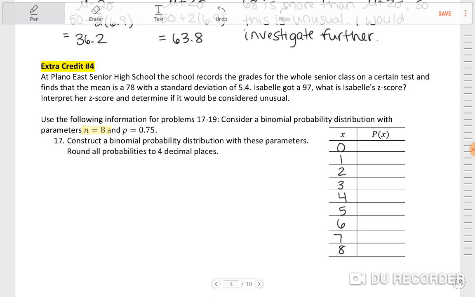My p is 0.75. So I showed you a little shortcut for doing all the probabilities over here, so that you don't have to type each one of them.